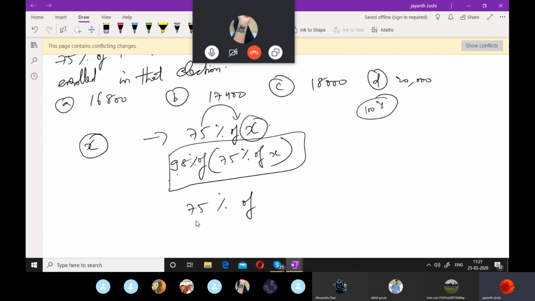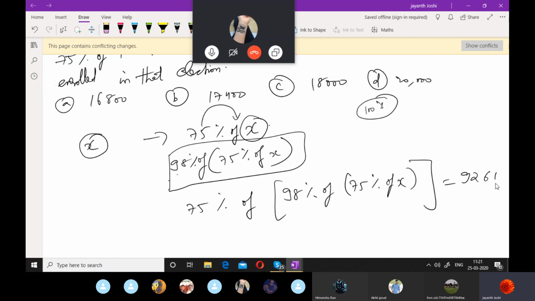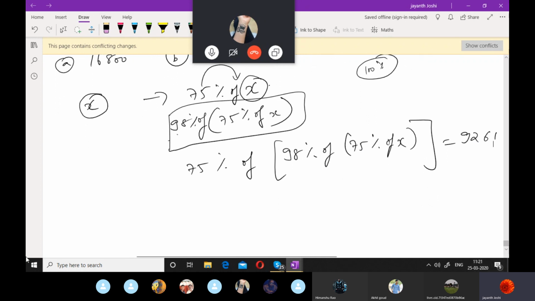So total valid votes are 98% of 75% of x. That is equal to what? 9,261. Now you need to find the x value. Okay, so that will be your total number of votes.